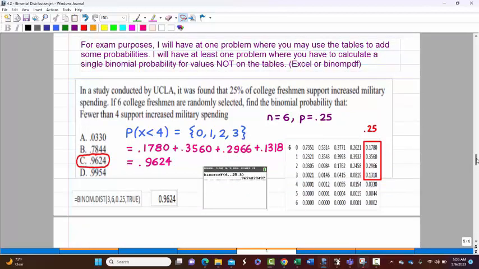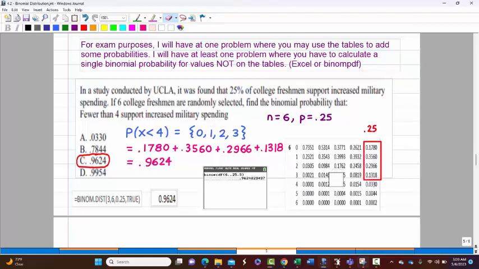Let's look at this one real quick. Fewer than 4. So that's the key wording here, fewer than 4. That's just less than 4, so it's 3, 2, 1, 0. So you can get it from the chart right here. There's 0, 1, 2, 3.